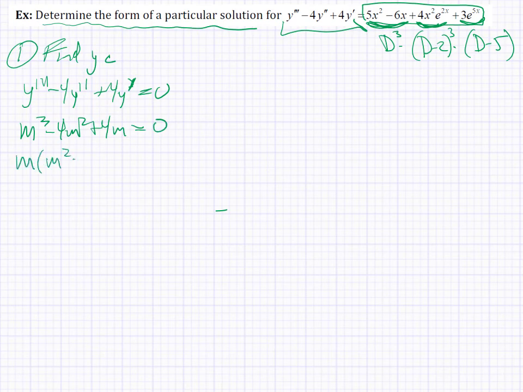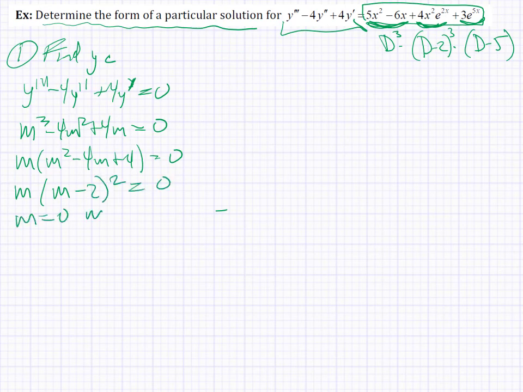You get m squared minus 4m plus 4, which we can factor even more, and m equals m times m minus 2 squared. So we get m equals 0 and m equals 2, and this one's repeated twice. So our y sub c would be c1 plus c2 e to the 2x plus c3 x e to the 2x.